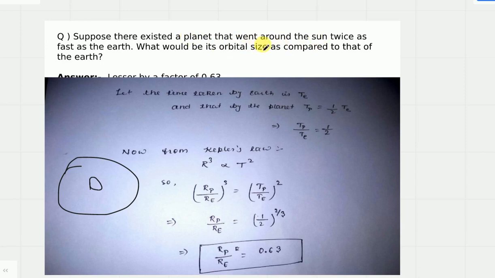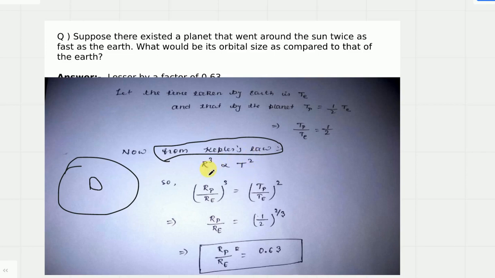It is written that the speed is double, which means the time it will take is half. So Tp equals half of T, meaning Tp upon T is equal to half. And from Kepler's law, this is a very important law, there are three laws of Kepler. One of them is R cube is directly proportional to T square.